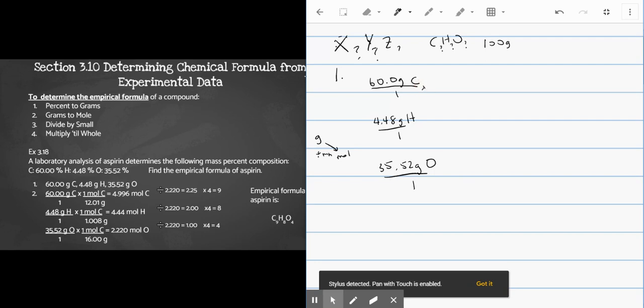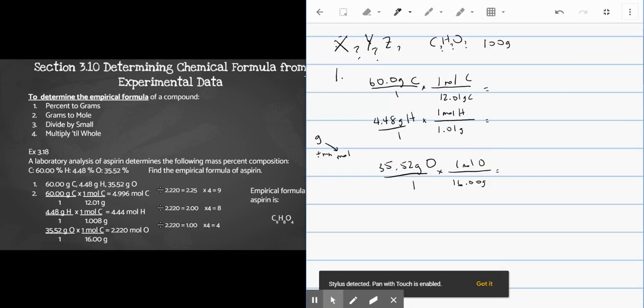So divide by the mass of carbon, that's 12.01 grams of carbon in 1 mole of carbon. Then the mass of hydrogen is 1.01 grams in 1 mole of hydrogen. And last but not least, oxygen can be rounded to 16.00 grams in 1 mole of oxygen.